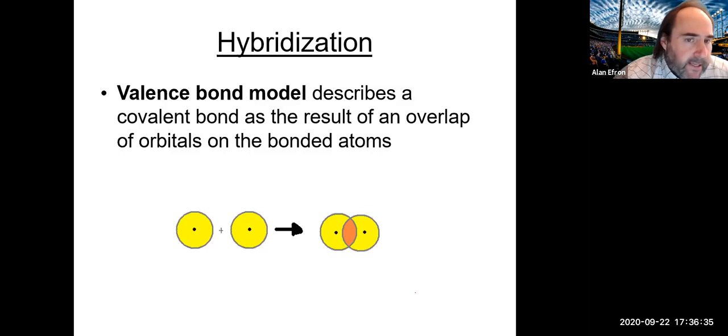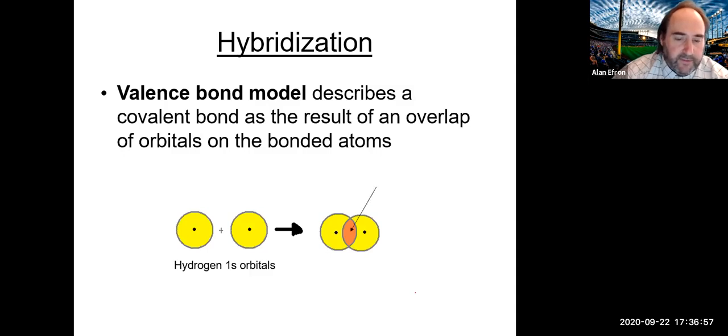Okay. So what we are going to continue on with is another type of bonding theory, sometimes referred to as hybridization. The valence bond model describes a covalent bond, as we see here, as an overlapping of orbitals.